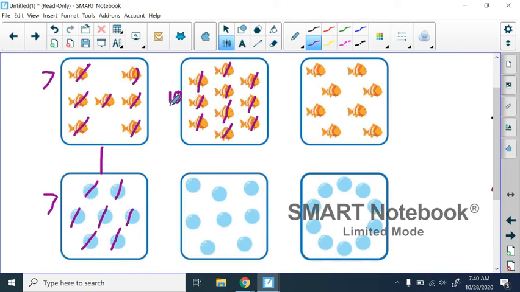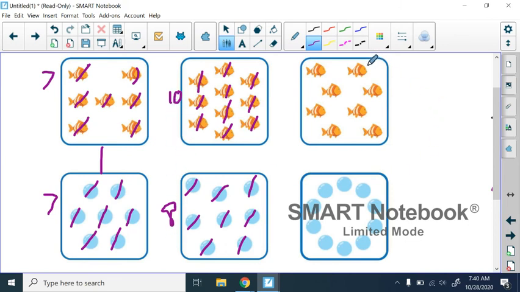So that tells me how many. 1, 2, 3, 4, 5, 6, 7, 8. Oh, this group has 8. So 10 and 8, those are not the same.